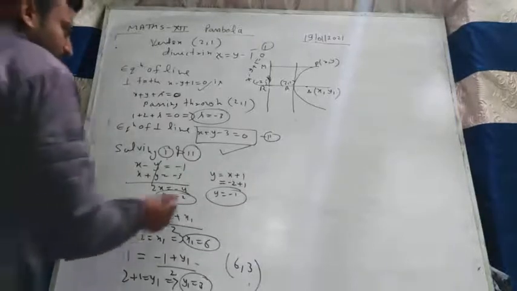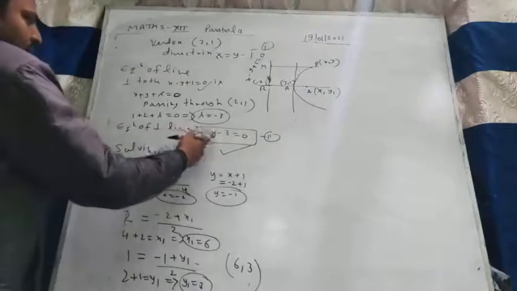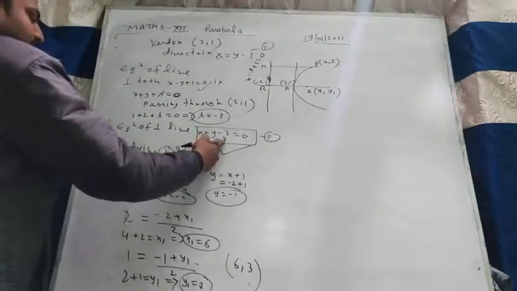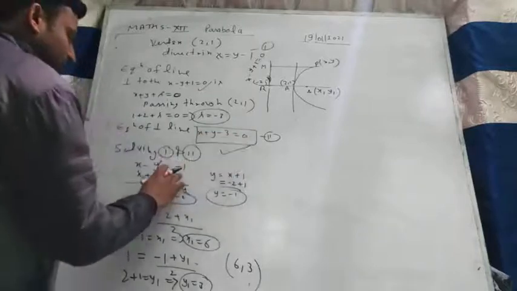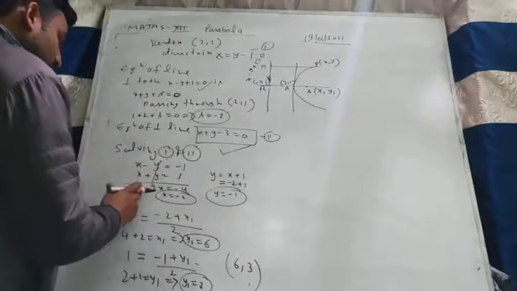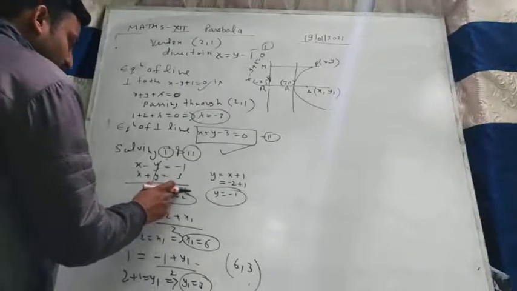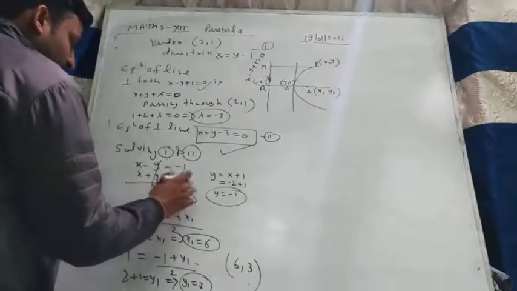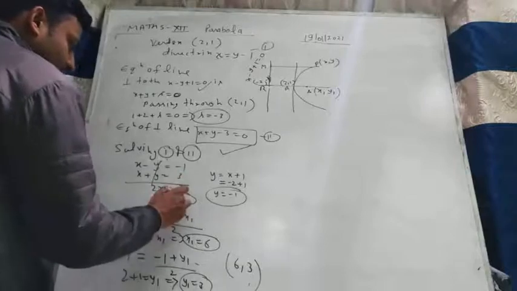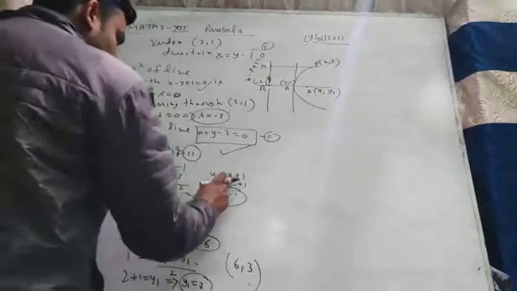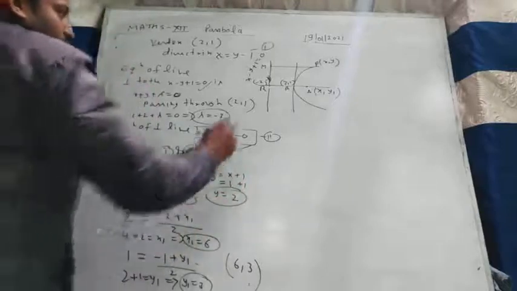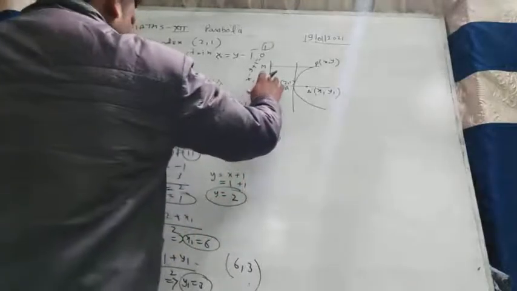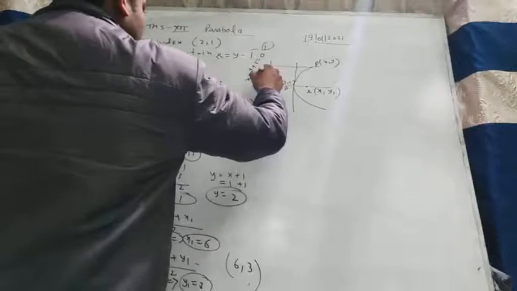Sorry student, here is a mistake. Here lambda is minus 3. So when we send this to the right hand side, it will be 3, and this 2x is plus 2 and x is equal to 1, so y is 2. So the coordinate of R is 1 comma 2.